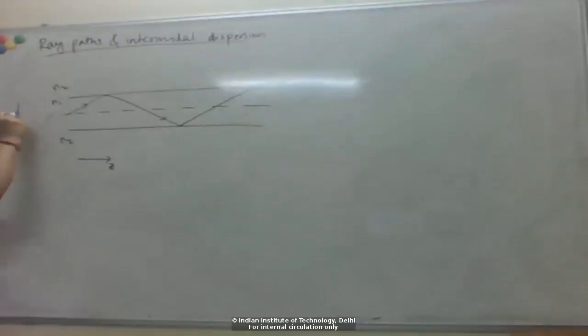We are considering a step index fiber or waveguide for now. If this coordinate is a Cartesian coordinate like X, then this is a slab waveguide. If this is R, the radial coordinate, then it's a fiber. So N1 and N2, and this is the radius of the core.